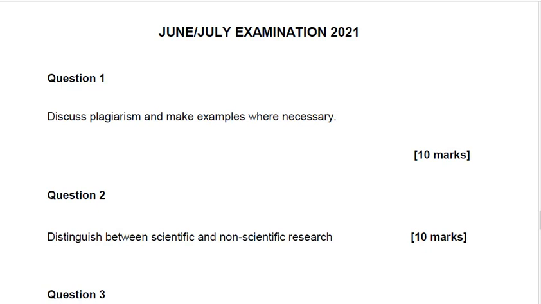So we need to further explain in our own words how one can plagiarize, because you cannot just go to the internet and copy everything. That is unacceptable. The thing that you can do is to paraphrase. Just read everything there and try to put it in your own words. Try to paraphrase it, explain it in your own words.